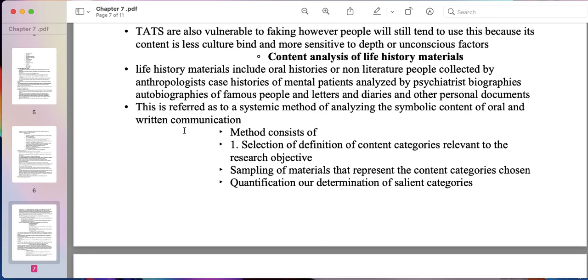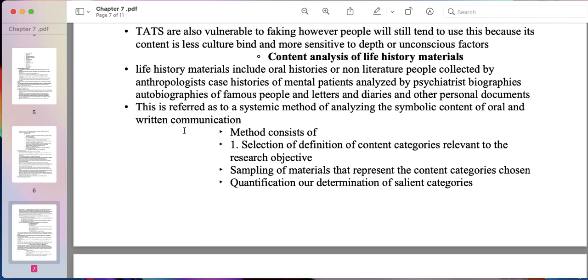Life history materials include oral history of non-literate people collected by anthropologists, case histories of mental patients analyzed by psychiatrists, biographies and autobiographies of famous people, and letters, diaries and other personal documents.